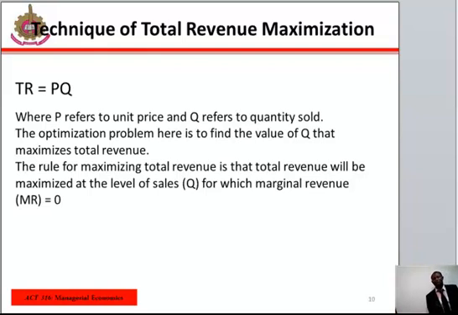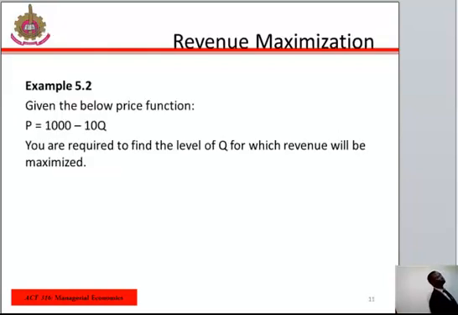The rule for maximizing total revenue is that total revenue will maximize at the level of sales Q for which marginal revenue is equal to 0. In other words, the revenue from the sale of the marginal unit of the product must be equal to 0 at the point of maximizing revenue. The marginal revenue is the first derivative of the total revenue function.